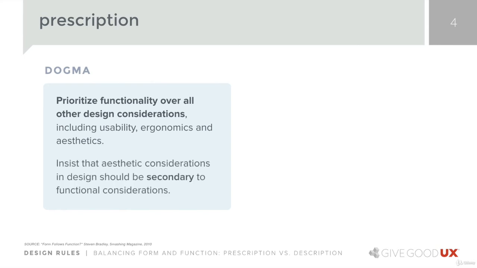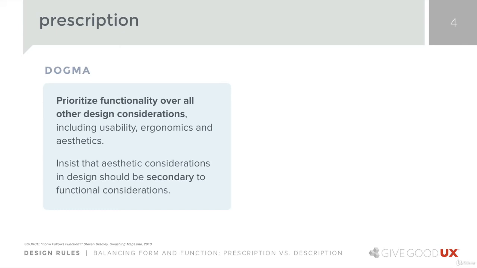It's an insistence that aesthetic considerations in design should be secondary to functional considerations. Again, this is something that is taught explicitly to software engineers, okay, to developers, to programmers. It's changing as the world evolves and as information gets better and as we're all sort of realizing that the bar is higher than that.